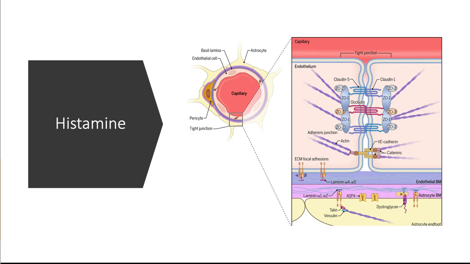Its vasoactive effects are mediated mainly via binding to receptors called H1 receptors on microvascular endothelial cells. The antihistamine drugs that are commonly used to treat some inflammatory reactions, such as allergies, are H1 receptor antagonists that bind to and block the receptor. Histamine also causes contraction of some smooth muscles.